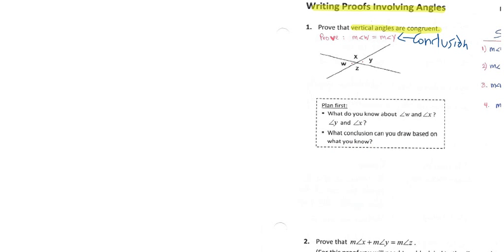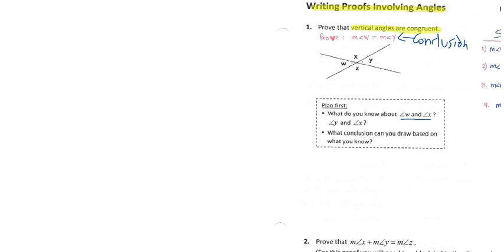So we take a look first at angle W and angle X. What do we know about it? If we look at the diagram, angle W and angle X are forming this line over here, which means that they are a linear pair. And the conclusion we can get from that is that linear pairs add to 180.